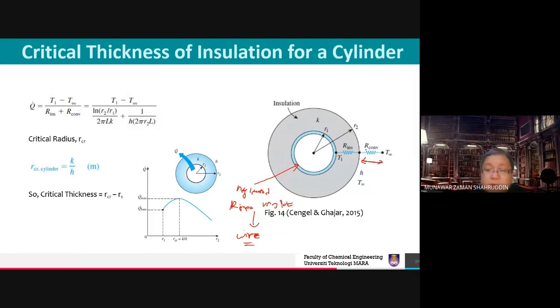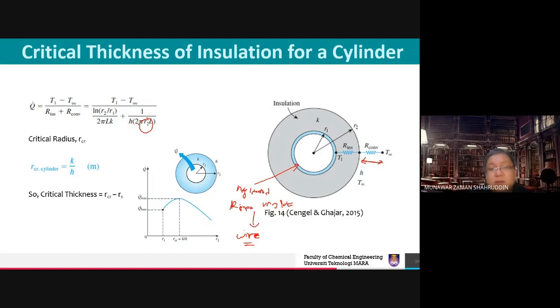So maknanya R insulation ni dah tak boleh nak control over the punya heat transfer, because it is being dominated by R convection. Sebab R convection ni kan bergantung kepada R dekat luar.